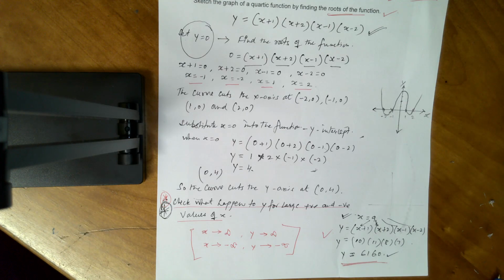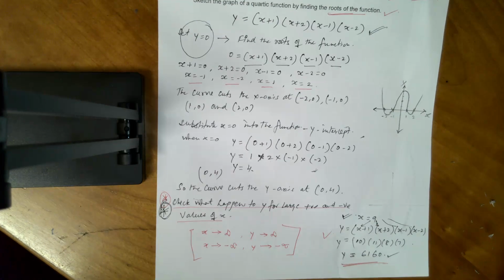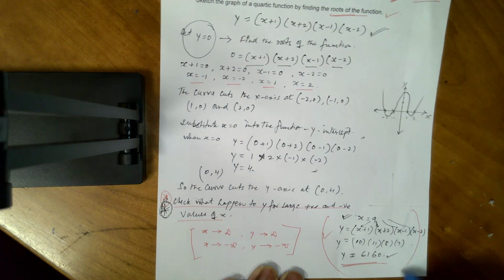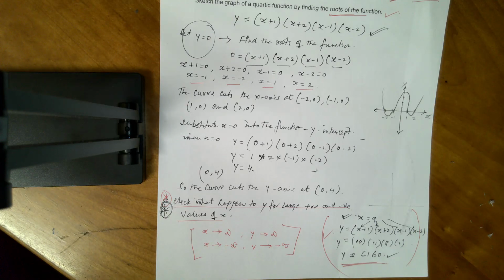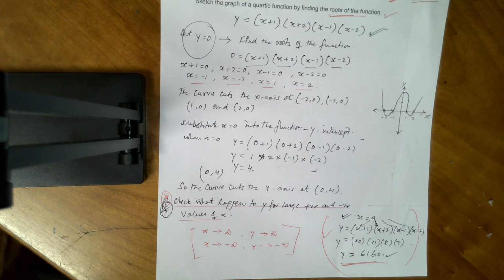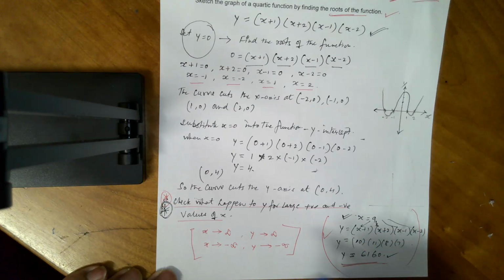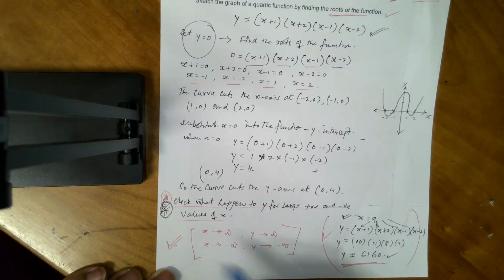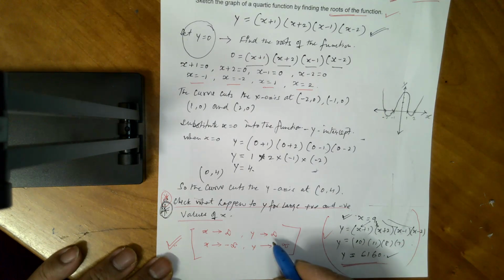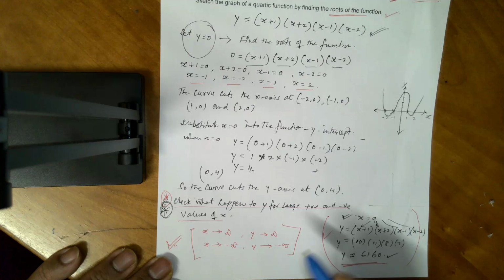Okay, so what I do now is move on to the next example and see what we get with that. With this next example, the large value and stuff like that, I won't go into that, but I will just say to you, check what happens to the y for large positive and negative values of x. The main reason for that is just to understand this: if the x value goes to infinity, what the y value would be, because that is very important, whether it will be positive or negative.